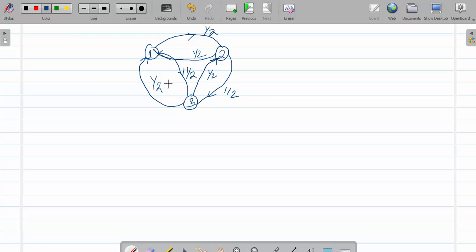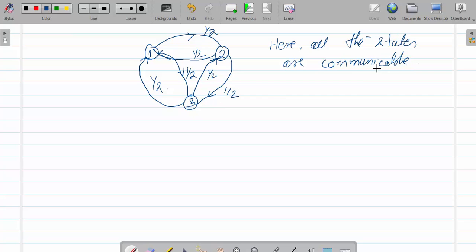So all the states are communicable. So the Markov chain is irreducible.